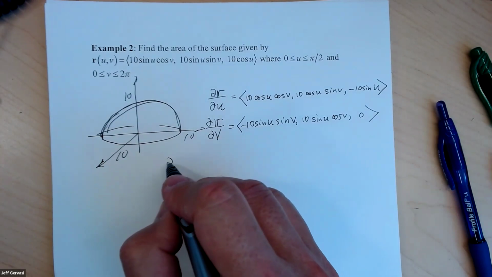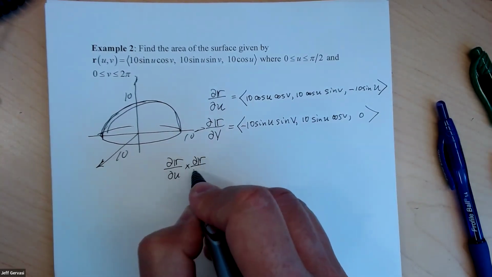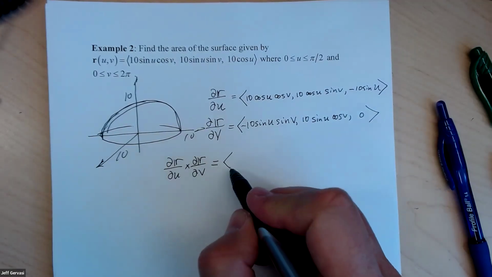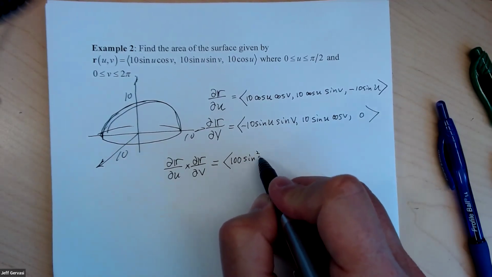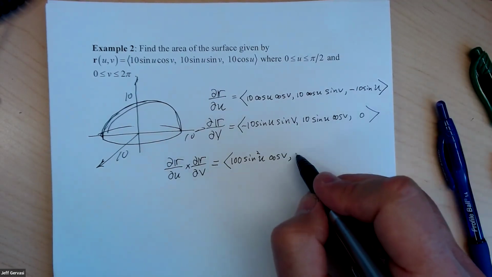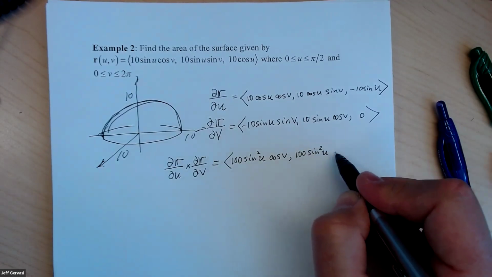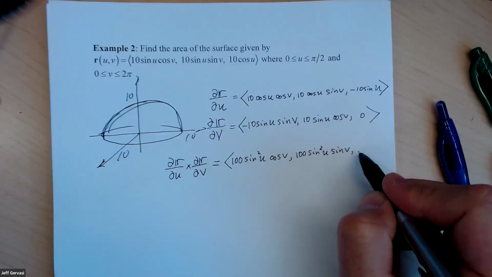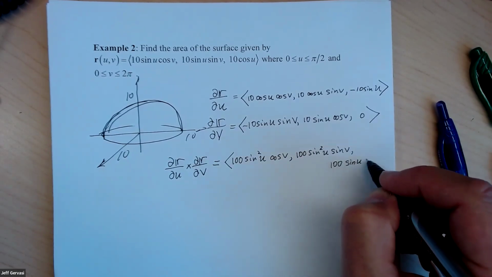Take the cross product of these two vectors. Ran out of room here. I'll go over here.